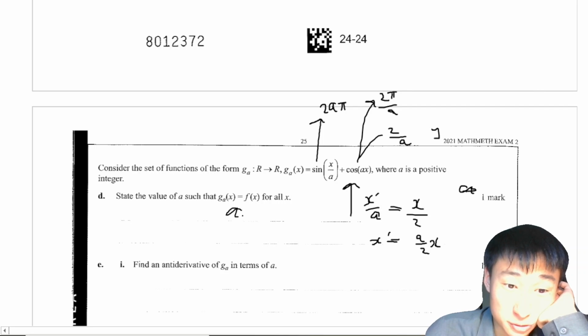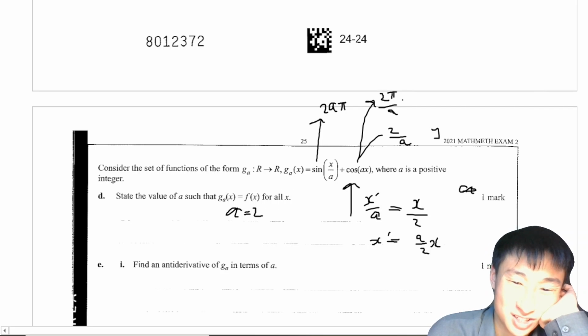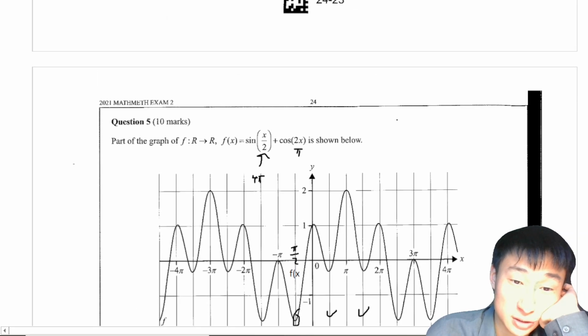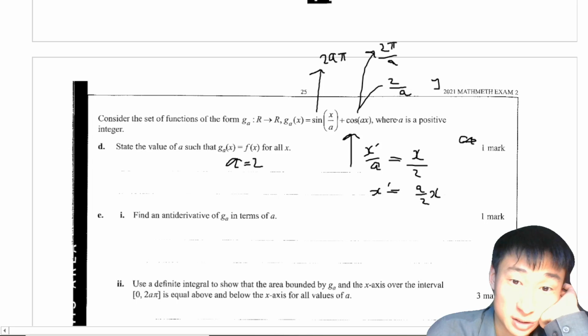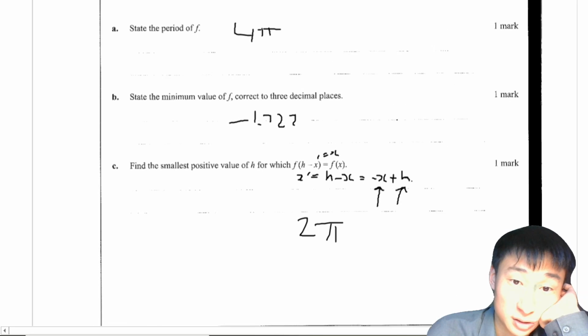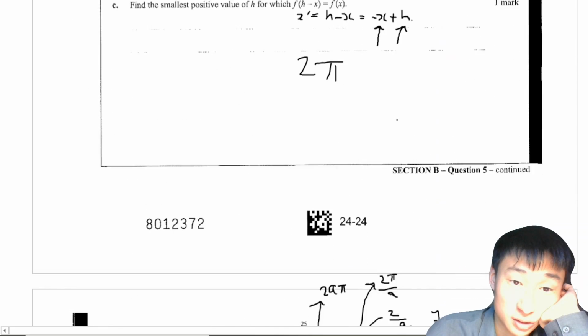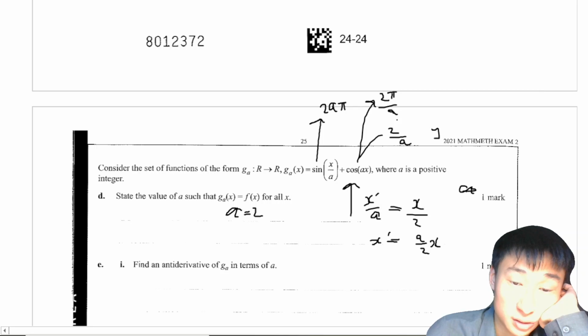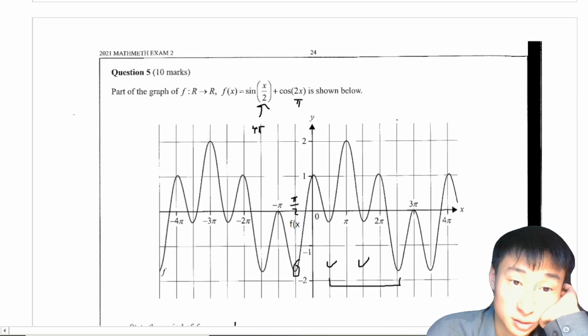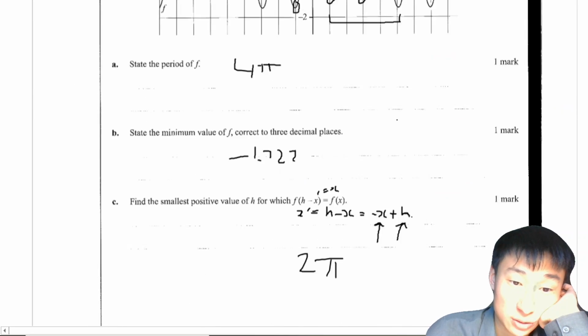So a is equal to 2 because that means that this is 4 pi. Is that just it? That looks okay to me.